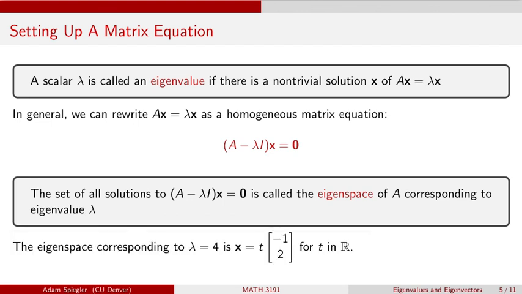So for the matrix that we just looked at, we found that lambda equals 4 is an eigenvalue, and the eigenspace would be the set of all vectors that look like some scalar t times the vector -1, 2. So we have a whole line of eigenvectors associated to this eigenvalue of 4.